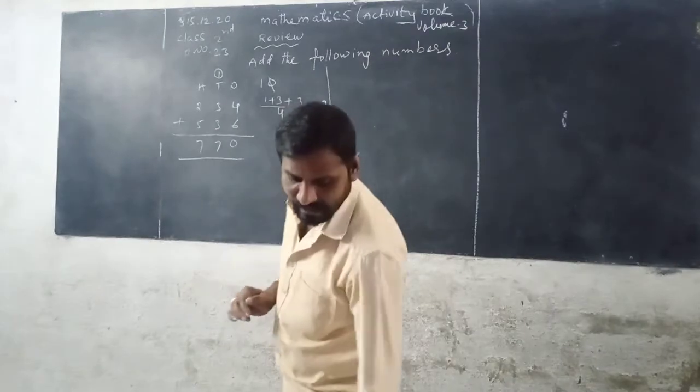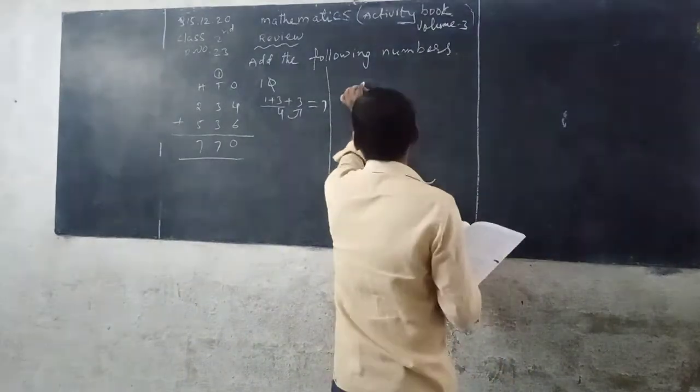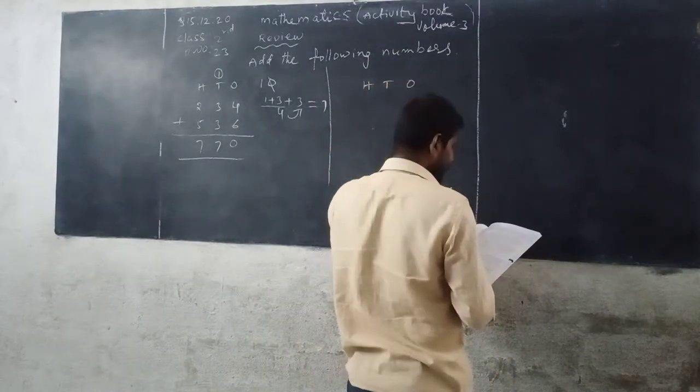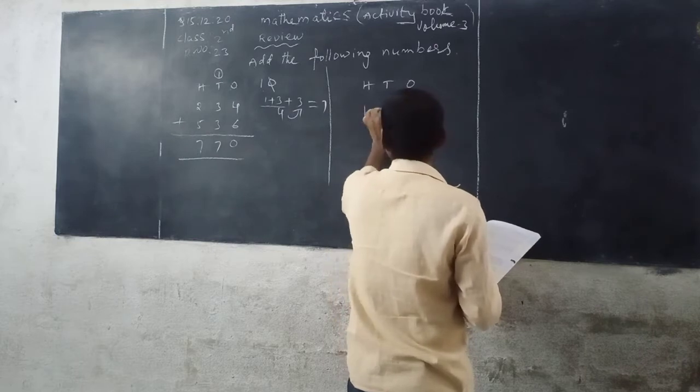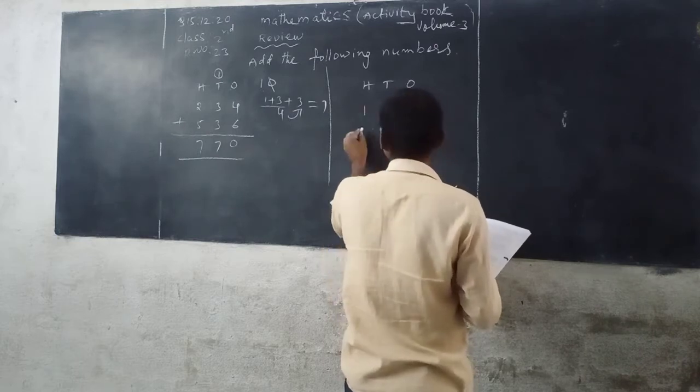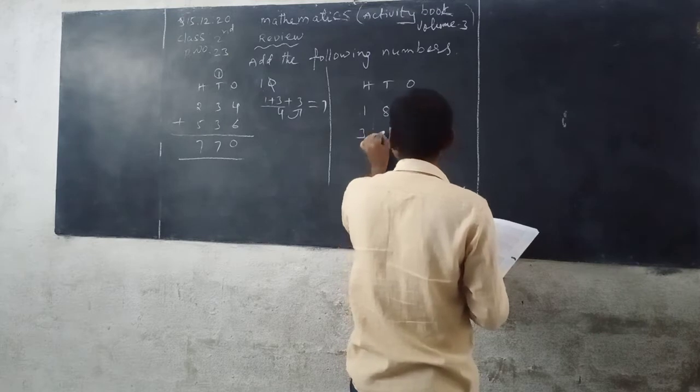Now next, see here, listen. This is the hundreds place, tens place, ones place. 186 plus 397. Listen carefully.